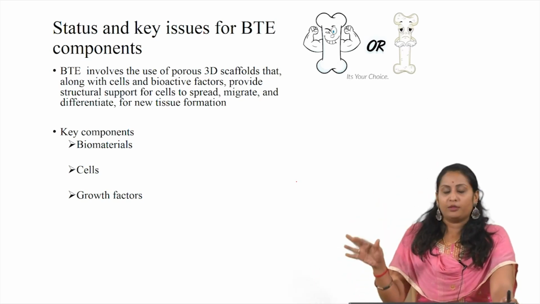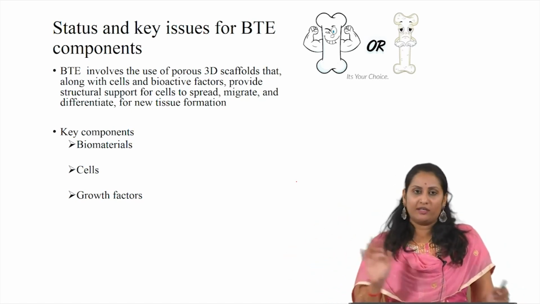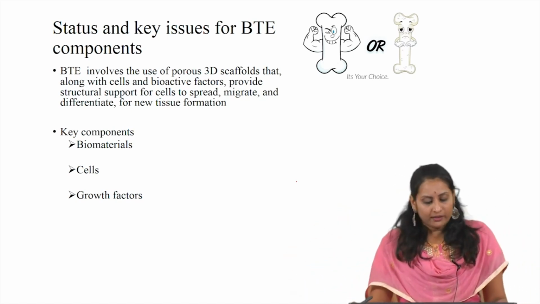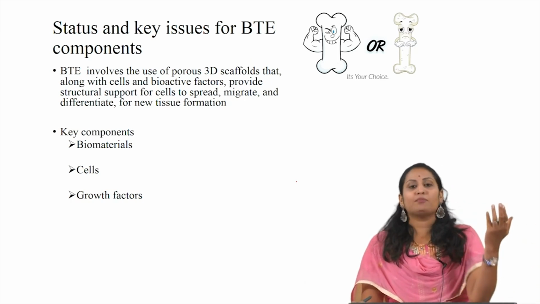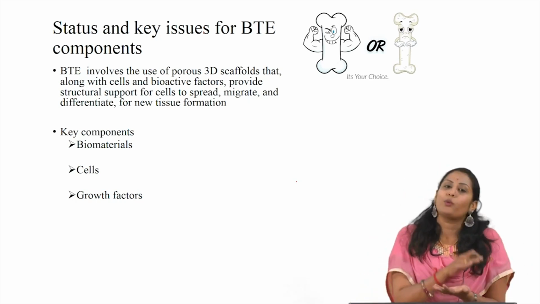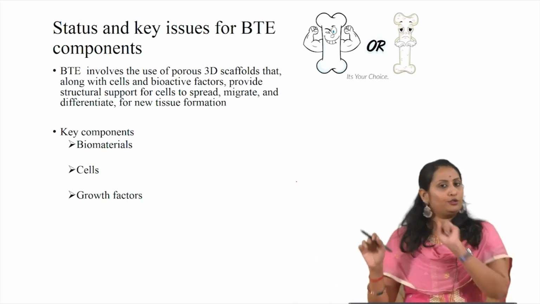So it should be degradable, and it is a temporary implant. It cannot be a permanent implant. It involves the use of porous 3D scaffolds along with cells and bioactive factors that can provide support for cells to spread, migrate and differentiate for new tissue formation.